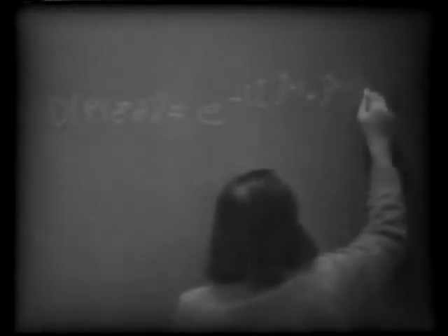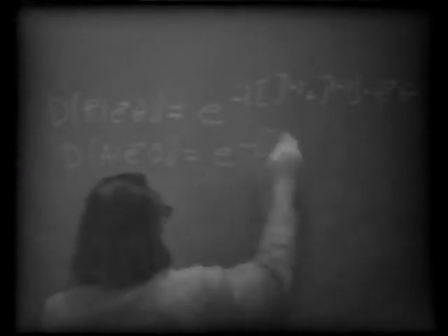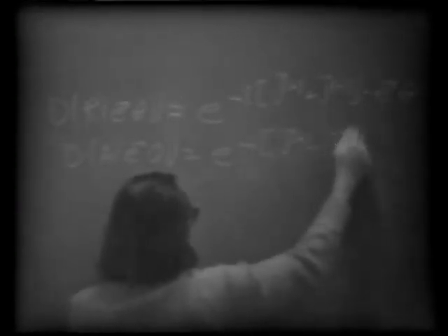I won't bother to put on the S index. You know that if it's an irreducible representation, these are the appropriate ones. D of an acceleration along an axis e by a hyperbolic angle phi is e to the minus J plus minus J minus, dot e phi.